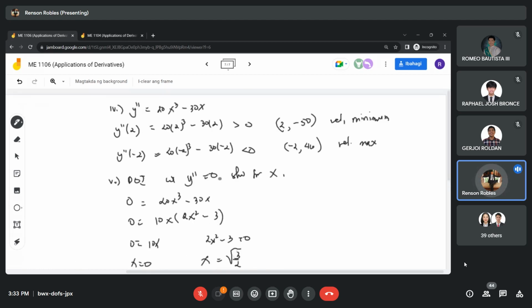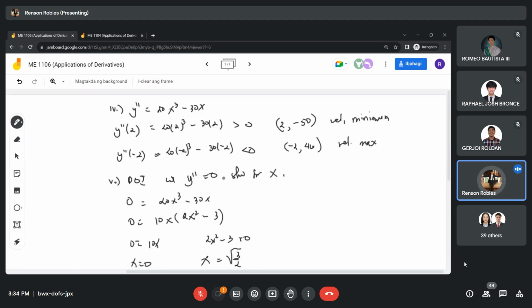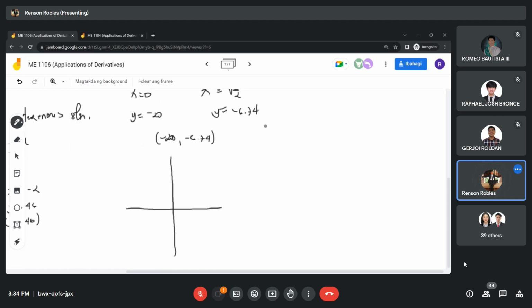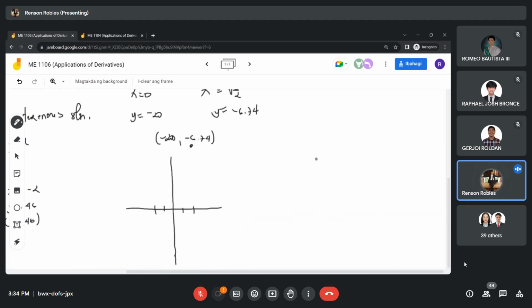Important points are the critical points, which are (2, negative 50) and (negative 2, 46). Imagine somewhere here. Then this is the other one. (2, negative 50), and (negative 2, 46). So I will just put it here.